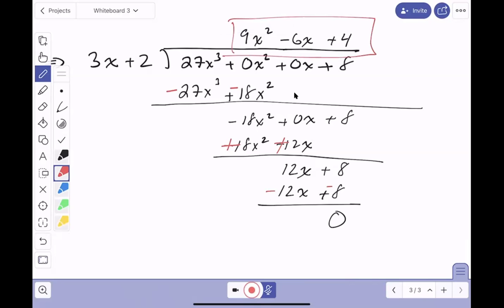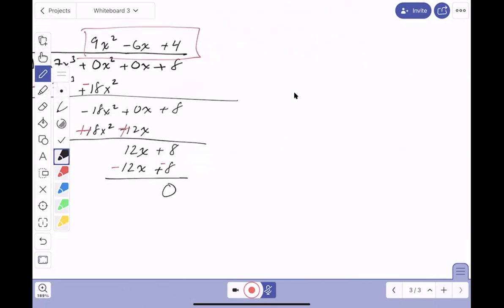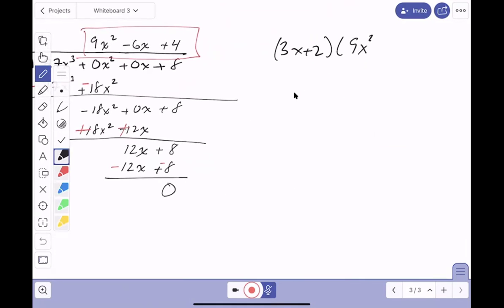Could you check it? Yep. I'm going to go through the check for you. And the check would be 3x plus 2 times 9x squared minus 6x plus 4. Let's go through the check. And what do you get? Well, 3x times 9x squared is 27x cubed. Then you get minus 18x squared, and you get 12x.